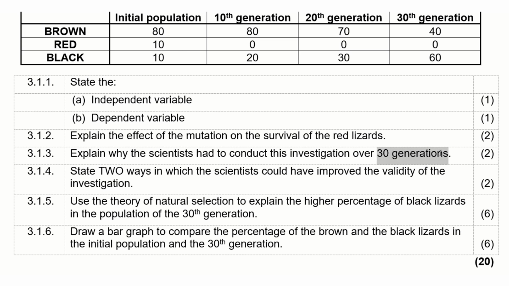So that would be the explanation here. So you have to say that they conducted it over 30 generations to allow enough time for reproduction to take place, so that you can see the change in the population over time to ensure the reliability. Okay, so I'm going to show you the memo for this question.